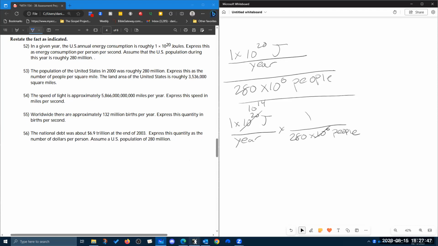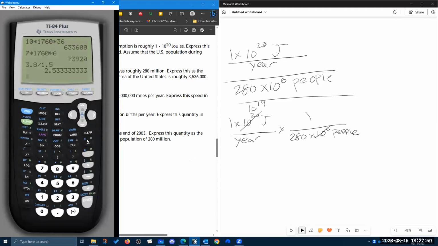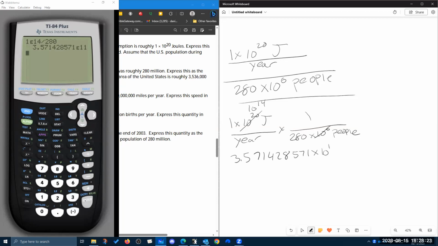Let's try that right now and say that this is 1 times 10 to the 14th divided by 280. So the U.S. energy consumption is 3.571428571 times 10 to the 11th joules per person per year.